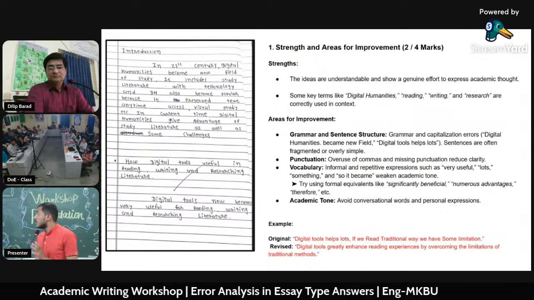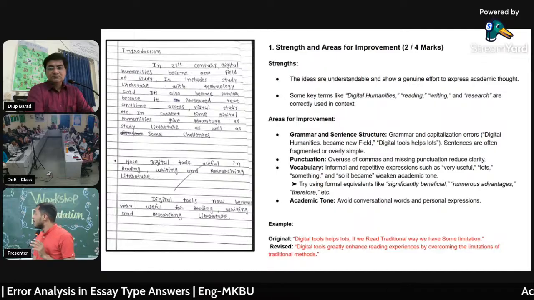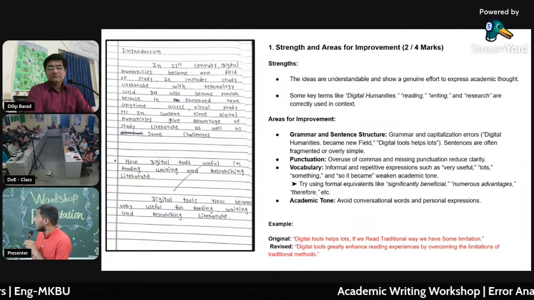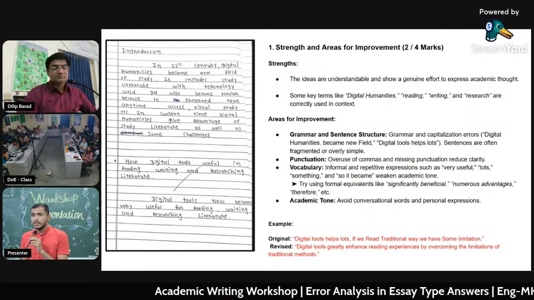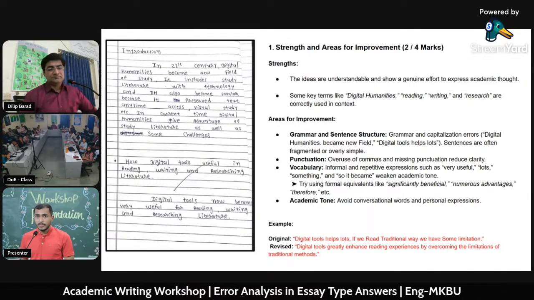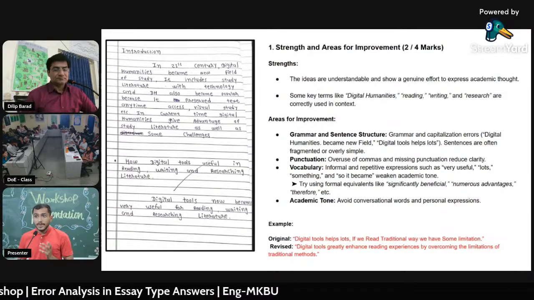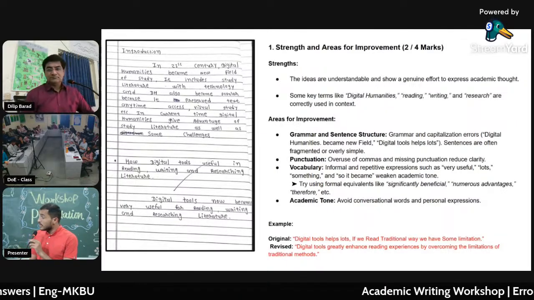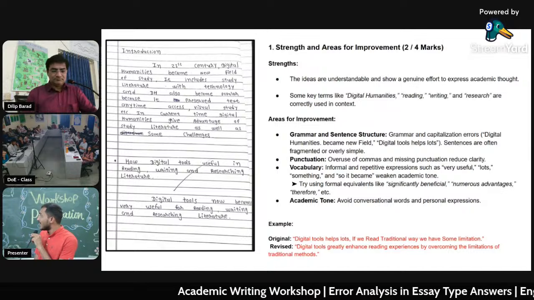It suggests areas for improvement like use of grammar and sentence structure, such as proper grammar and capitalization errors. In our answer we used grammar, but we made mistakes in grammar somewhere, and somewhere we also made mistakes in capitalization in answer writing. So AI gives a suggestion. And punctuation and vocabulary.